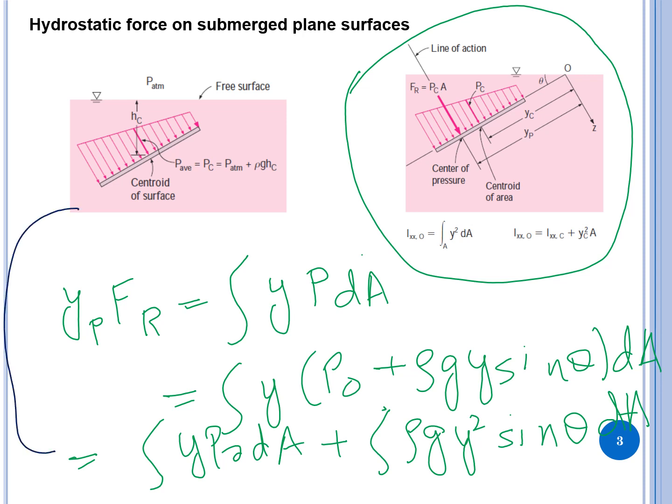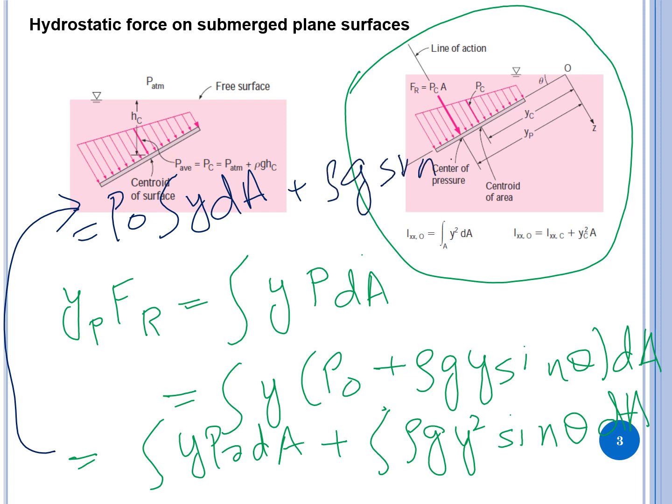So if we take pressure out of it, the integral of y dA plus rho g sine theta, the integral of y squared dA.